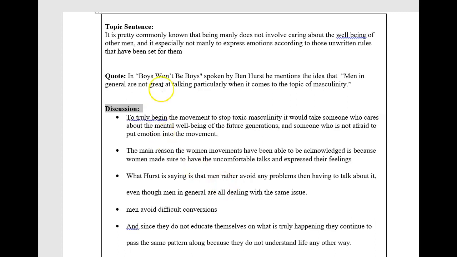So the problem here is that this topic sentence about caring about the well-being of other men doesn't really fit with the rest of the paragraph, which is about talking about the question of masculinity. I would also be able to go back and take out some of the extra words that are there and generally clean things up. But when taking a paragraph apart and breaking it down into its component pieces like this, you can see a little more easily and clearly what fits and what doesn't fit.